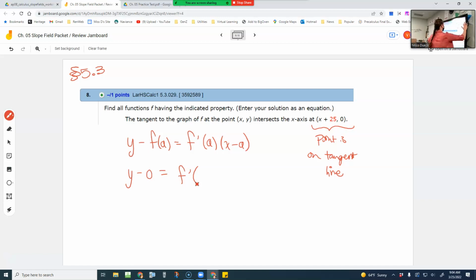Actually no, I guess I can't plug it in there. At the point x, y, I would technically be plugging this in as another point. So 0 minus, a little bit weird. That's going to be where it's tangent.